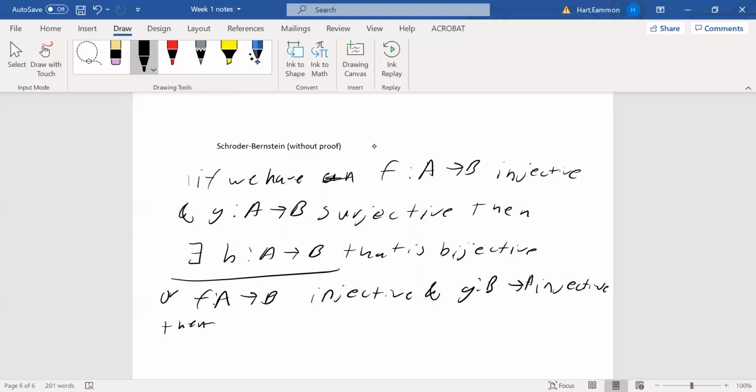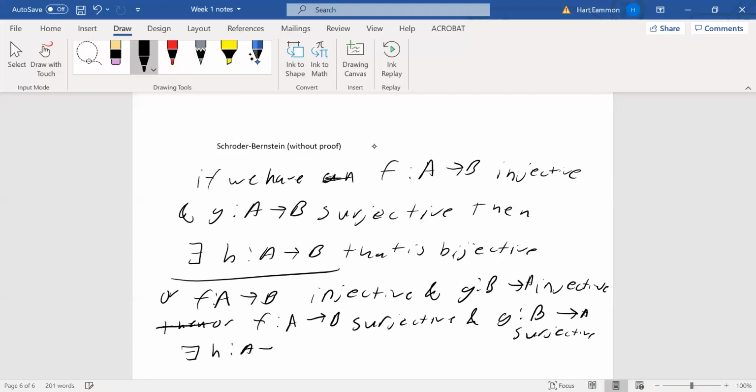or if f is surjective and g from B to A is surjective, then there exists h from A to B that is bijective, meaning that these guys would be the same cardinality.